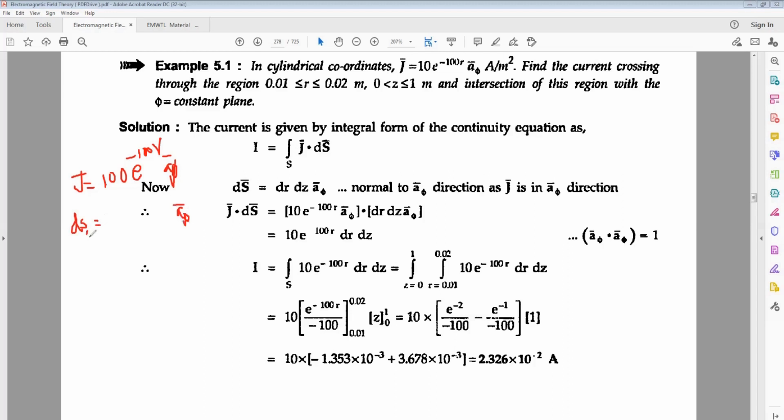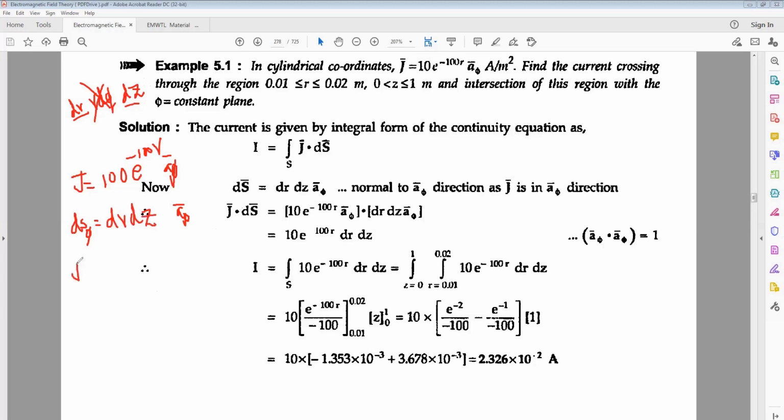That is the differential surface area normal to the phi direction. Because it is a cylindrical coordinate system, we have dr, r d phi and dz. Along the phi direction there is no component of d phi, and we have dr and dz. So ds is dr dz a phi bar.